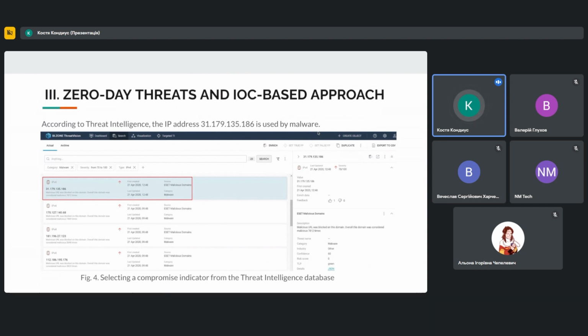In case of an incident, such an indicator can be the IP address of the attacker's control server obtained from the threat intelligence database. According to the threat intelligence, which you can see on the screen, the IP address which ends with 186 is used by malware.